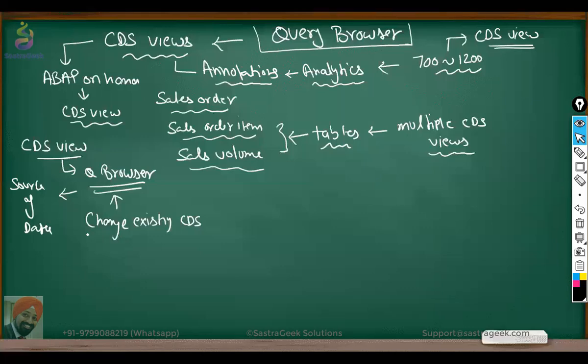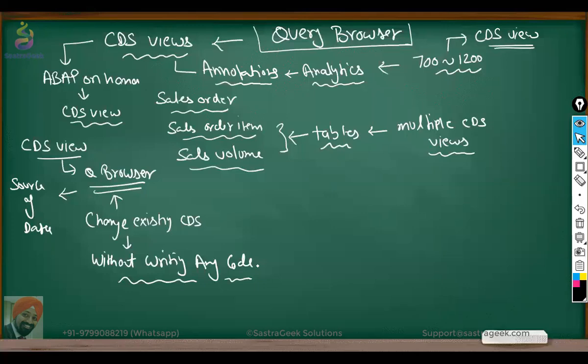But here the functionality has been given that you would be able to make these kinds of small changes without writing any code. There is a separate application to create a CDS view, which can be done by taking a reference to the existing CDS view, without writing any code.